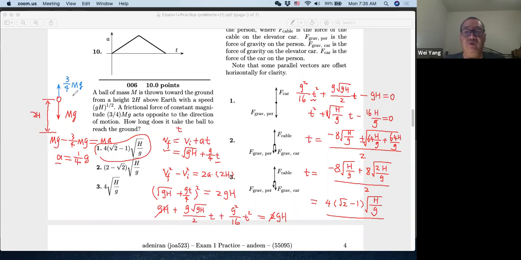Then do force analysis and use formulas from physics. Then you can get the equation. Then try to solve it. Okay, simplify these equations. Then, yeah, by following these steps, I think you can get it.